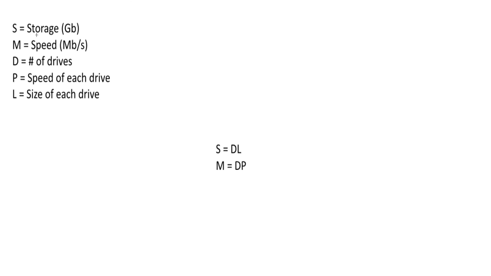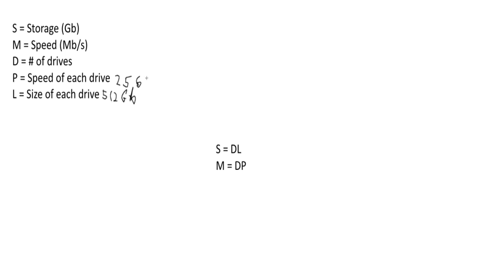So the storage, let's say you have 512 gigabytes on each drive. 512 GB. And let's say the speed of each drive is 256 megabytes a second.